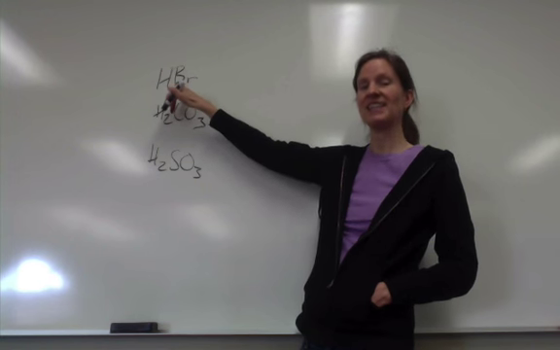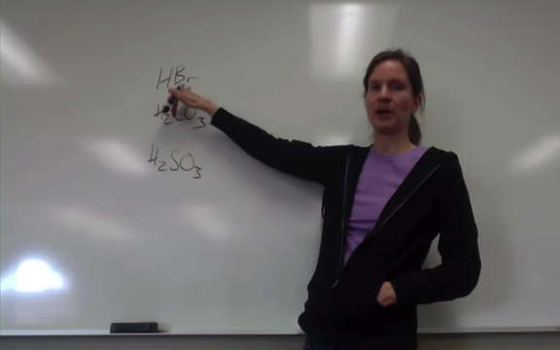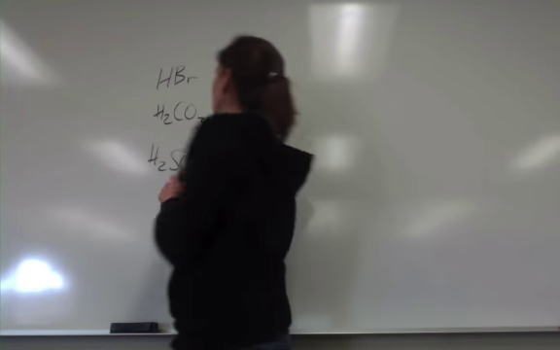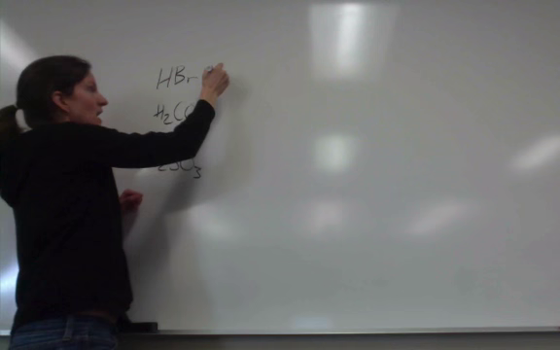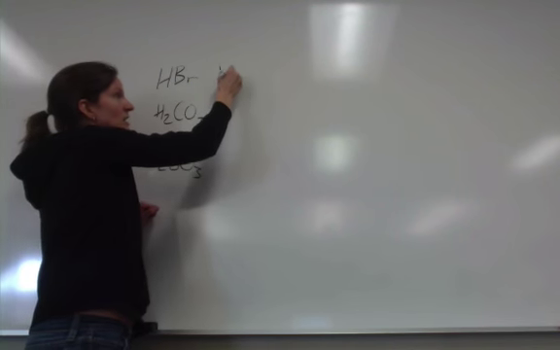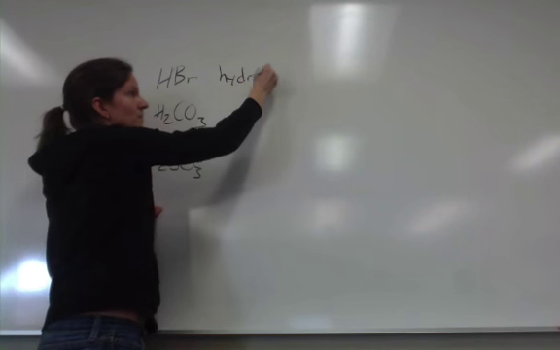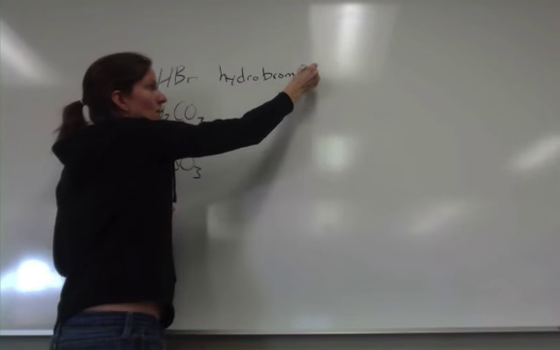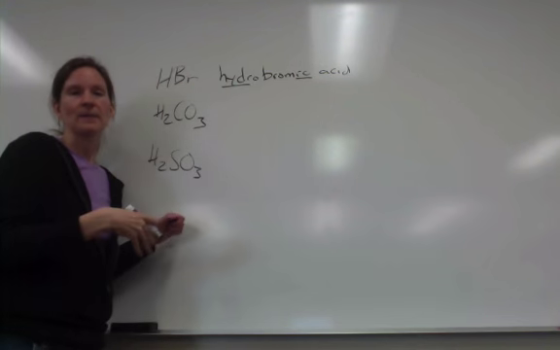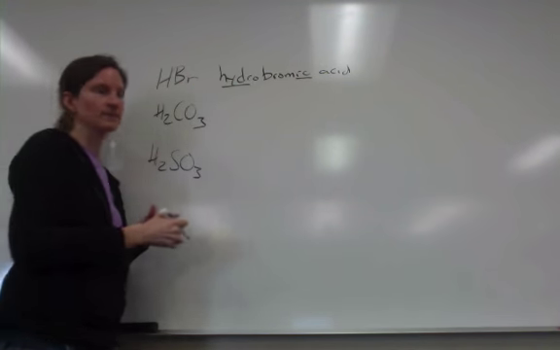The fact that this ends in "ide" tells us how to rename our acid. "Ide" becomes "hydro-ic." So this is normally hydrogen bromide, and it will be changed into hydrobromic acid. So those two come on and the hydrogen goes away.